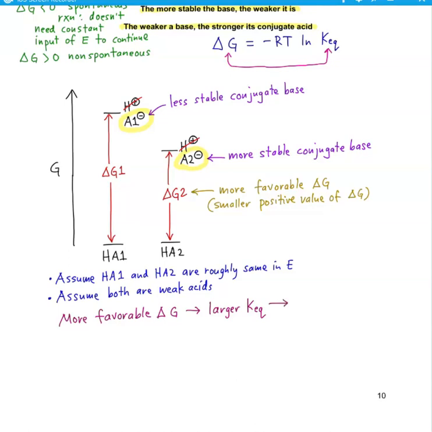A larger equilibrium constant, in turn, signifies that you have more dissociation or more proton donation, thus a stronger acid. And a stronger acid corresponds to a weaker conjugate base. A weaker conjugate base is a more stable conjugate base.